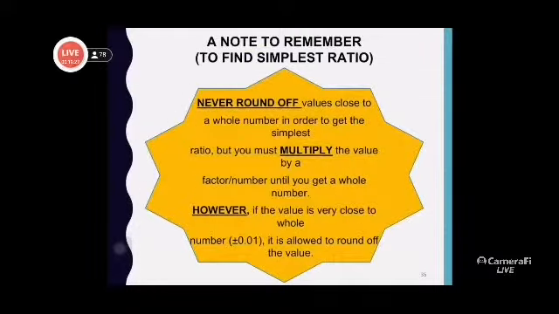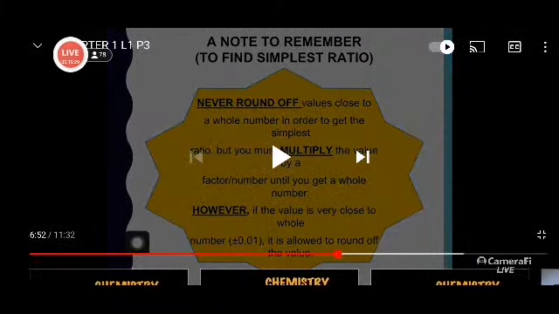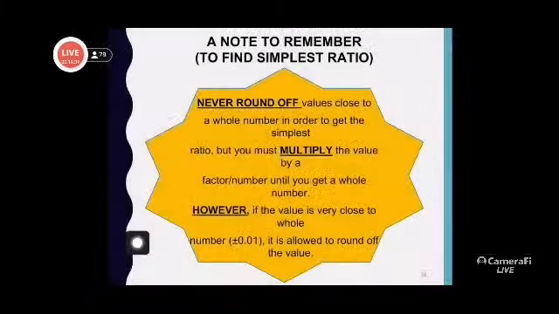This is a reminder to find the simplest ratio. Tolong sini betul-betul. And notes to remember. Never round your value close to the whole number in order to get the simplest ratio, but you must multiply the value by a factor and number until you get a whole number. However, if the value is very close to a whole number, plus minus 0.01 is allowed to round off. Okay, so jangan pandai-pandai untuk bundarkan salah.